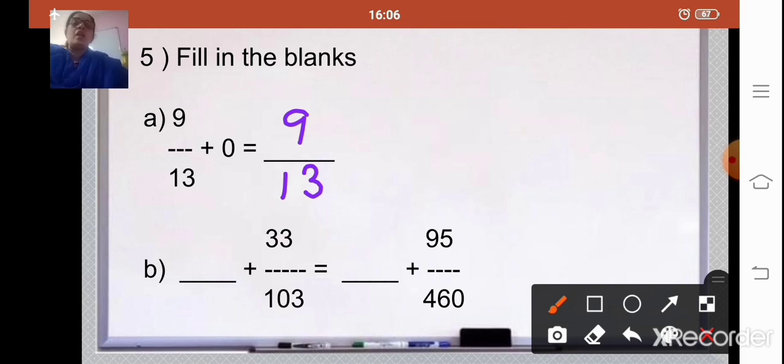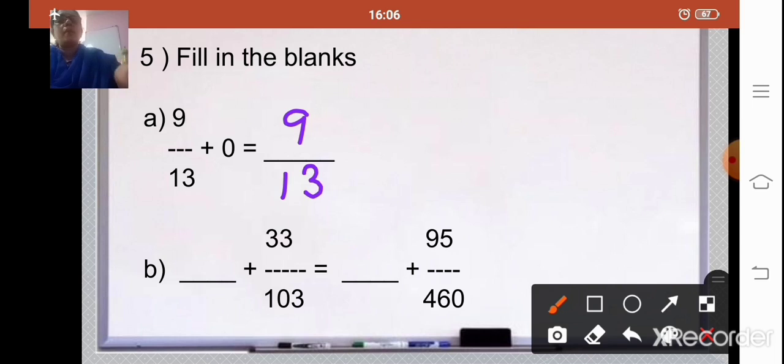Now the second one is dash plus 33 upon 103 is equal to dash plus 95 upon 460. So this is according to the commutative property, that is, if you change the order, the sum of the fractions remains the same. Now here it is 33 upon 103 and here it is 95 upon 460.